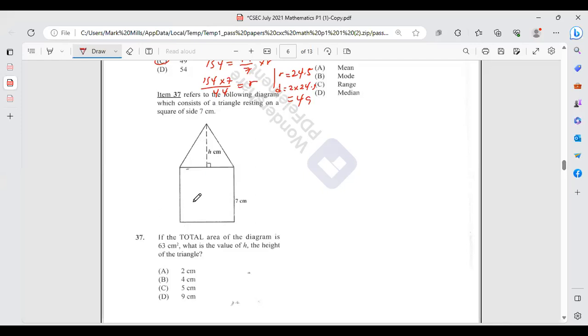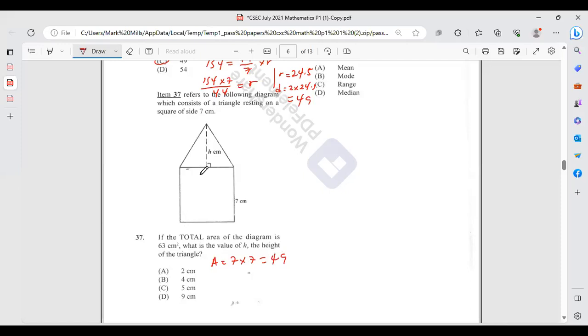So they gave me the area. First of all, what do you think we will do here? Find the area of the square. The area of the square would have been 7 times 7, which gives me 49.